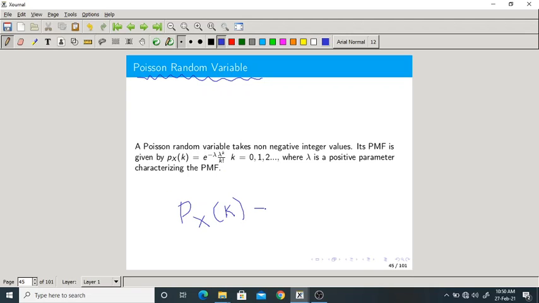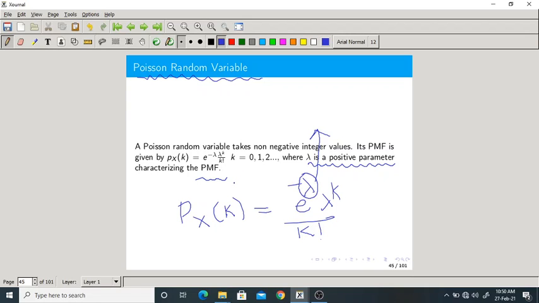Px of k equal to e power minus lambda into lambda power k by k factorial, where lambda is a positive parameter. I will tell you what is lambda later, but remember it is a positive parameter. So the entire probability mass function is defined by this lambda. Okay, so lambda is a very important parameter of the Poisson random variable.